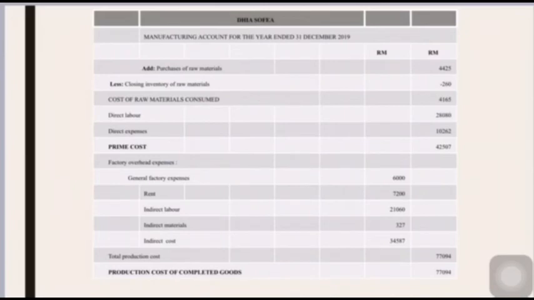So we have production cost of complete goods, which is 77,094.